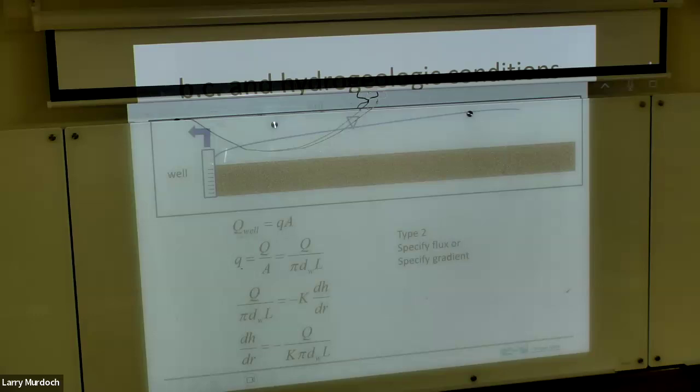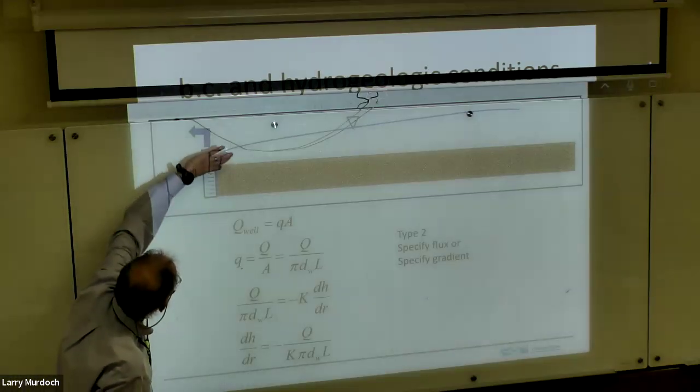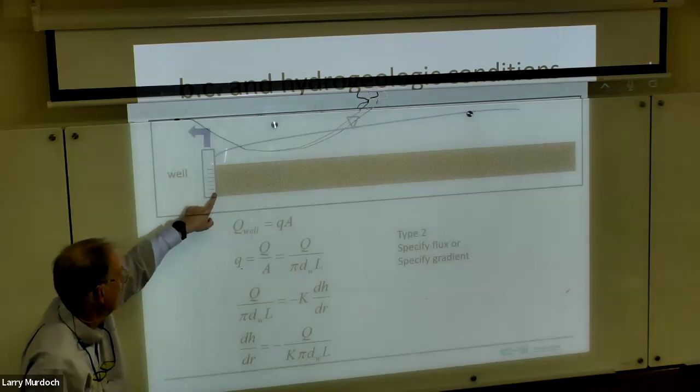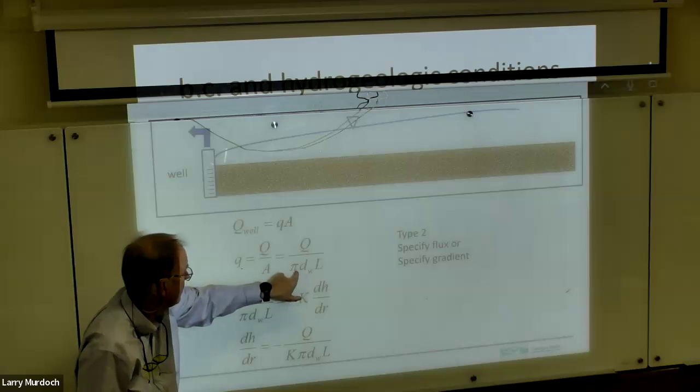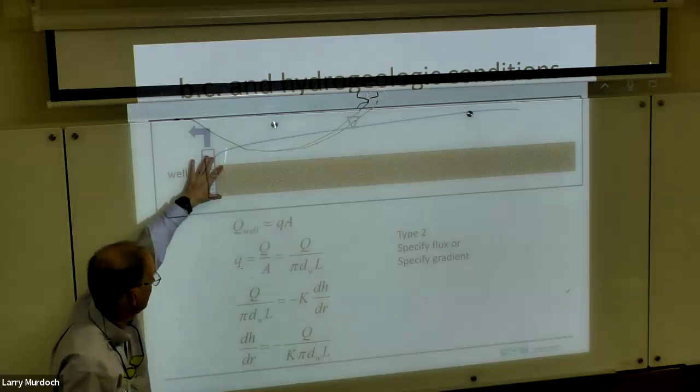So we can take the cross-sectional area over there, and the flux is equal to the flow coming out of the well divided by the cross-sectional area. So the cross-sectional area is the surface area of the well, which is the circumference, pi times d, times the thickness here.